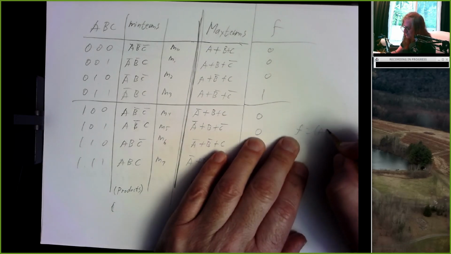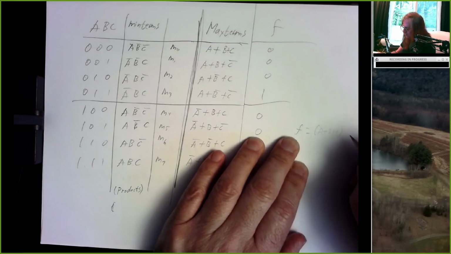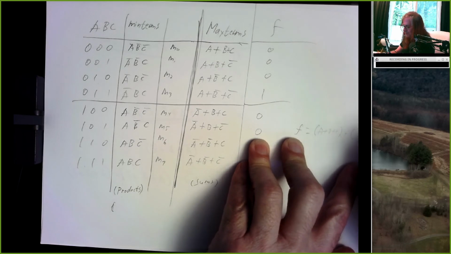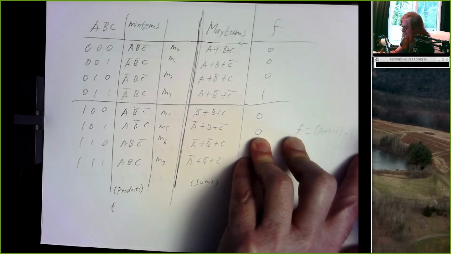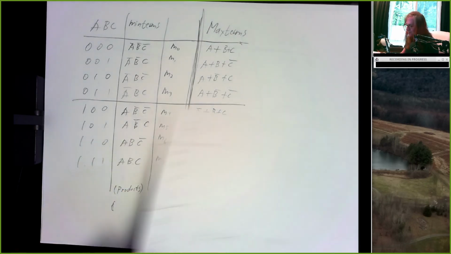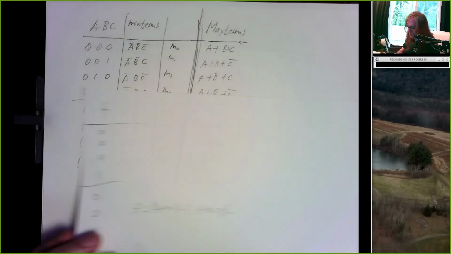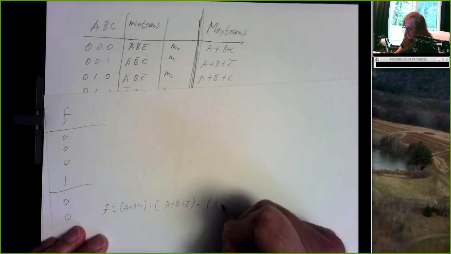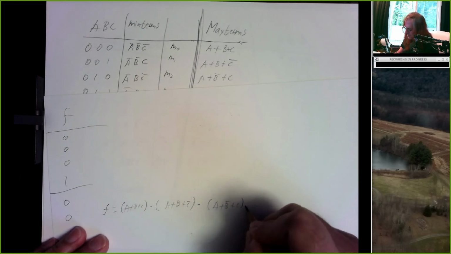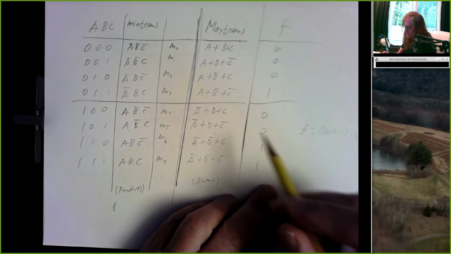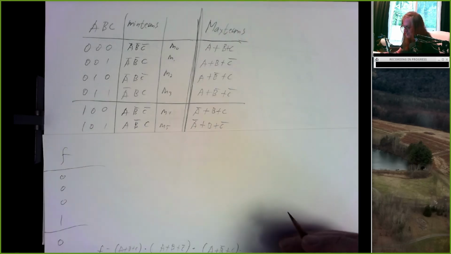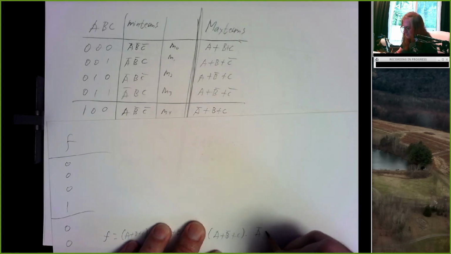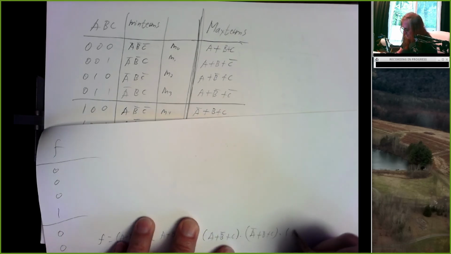So this will be A or B or C, ANDed with A or B or C bar, ANDed with this third one, A or B bar or C, ANDed with the 5th and 6th rows, so A bar or B or C, ANDed with A bar or B or C bar.